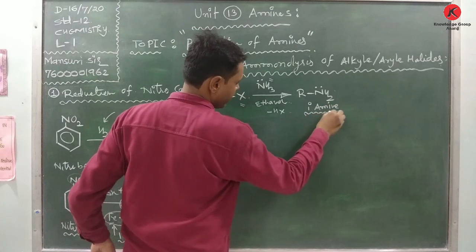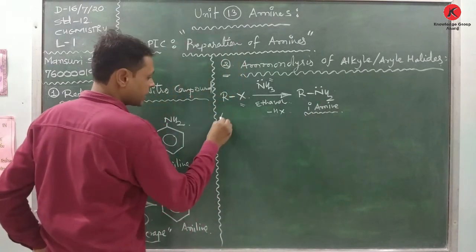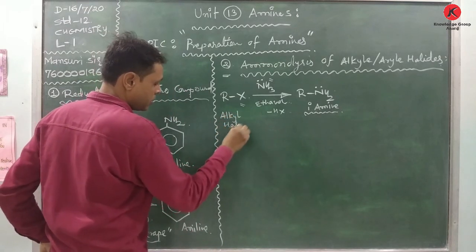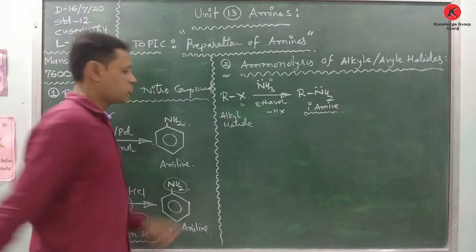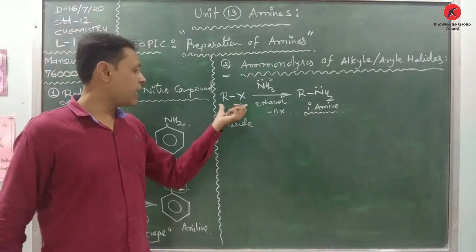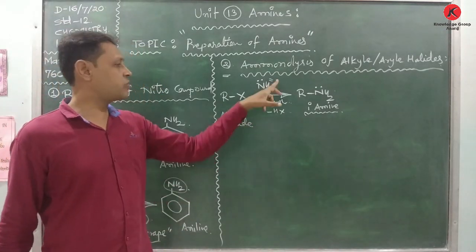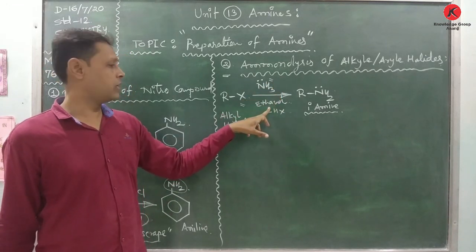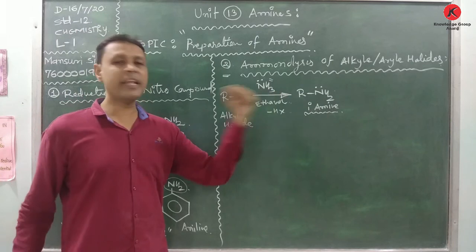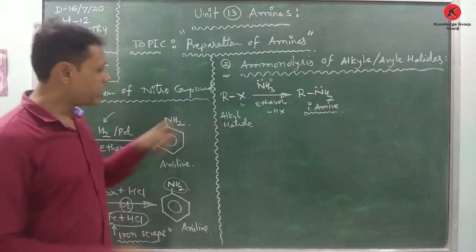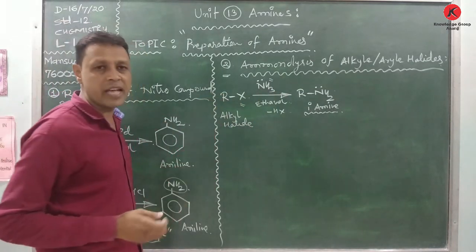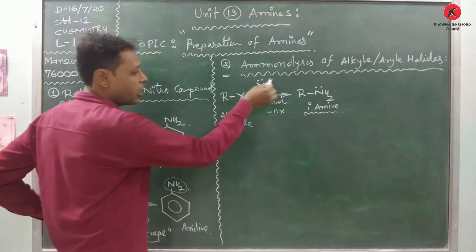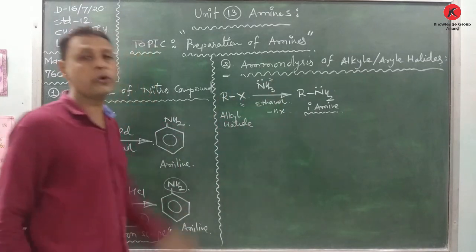This is alkyl halide. So we can say alkyl halide reacts with ammonia in presence of ethanol, then primary amine is formed. Here alkyl halide is used as a substrate. Here RX will be your substrate and ammonia will be your nucleophile.